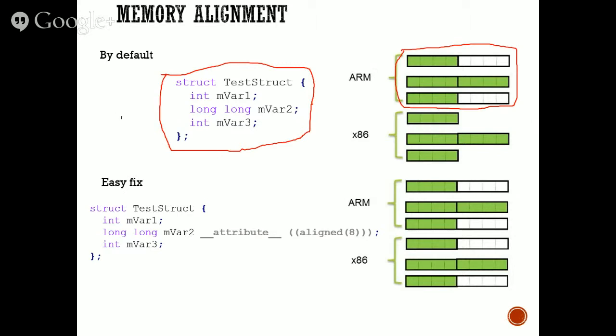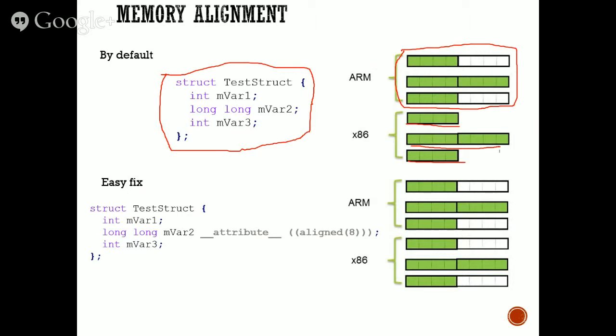Whereas the same structure, when run on an Intel architecture, is allocated differently. You can see that for int, it is allocating only 16 bits each, whereas for long, it is allocating 32 bits. So there is a difference in the memory alignment between the Intel or x86 architecture and the ARM architecture.